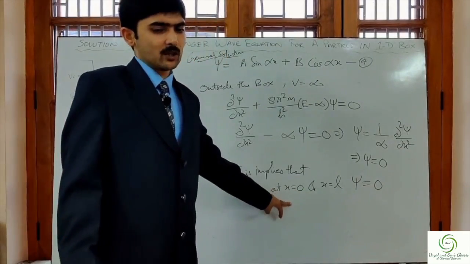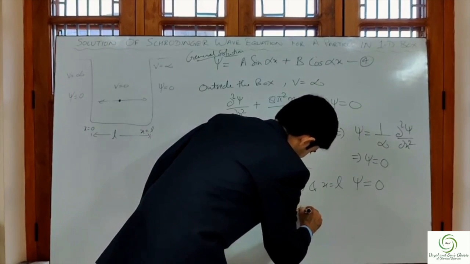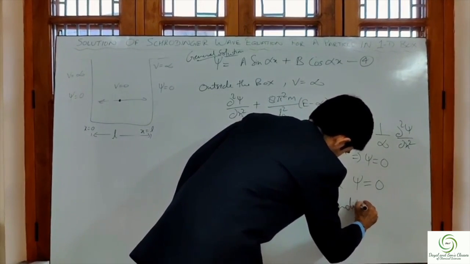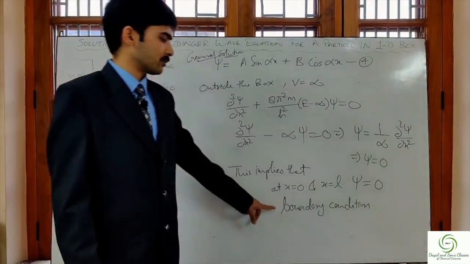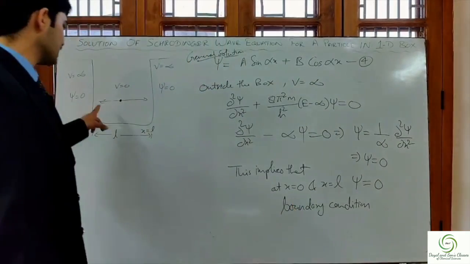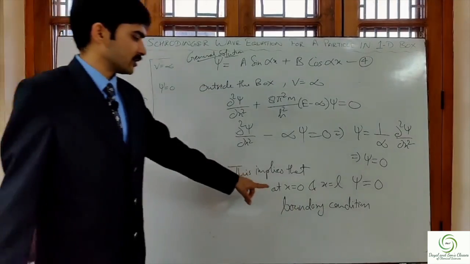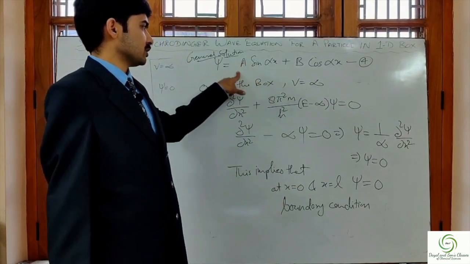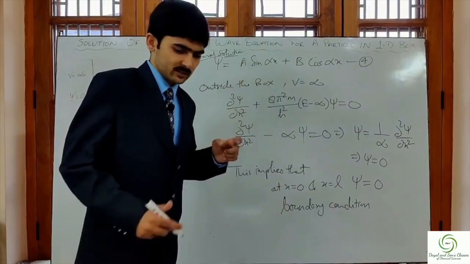These are called boundary conditions, which bound this particle in this box. Now we will apply these boundary conditions one by one to equation number 4 and find the values of a, b and alpha.